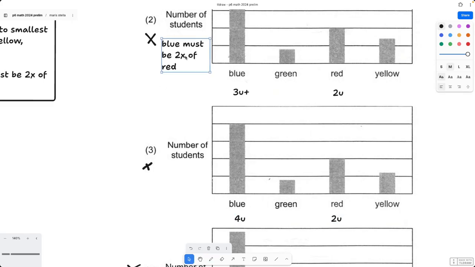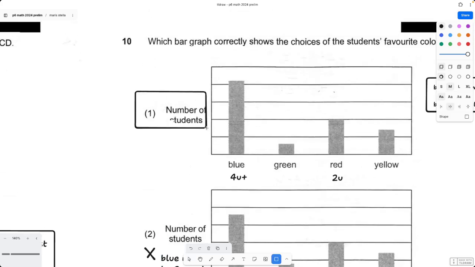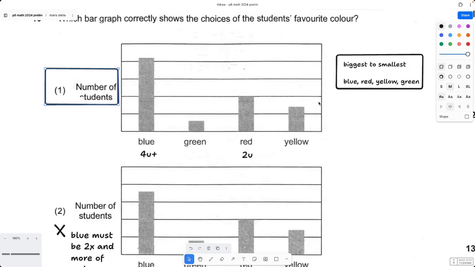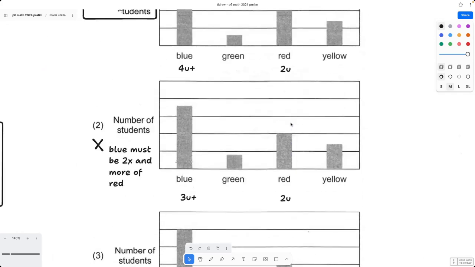Must be 2x and more of red. Blue must be 2x and more of red. So this is option number 1. Blue must be 2x more than red.